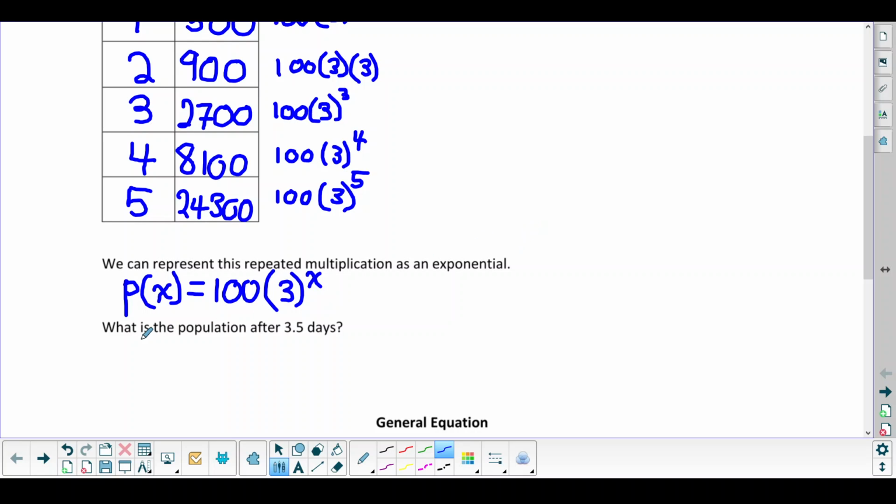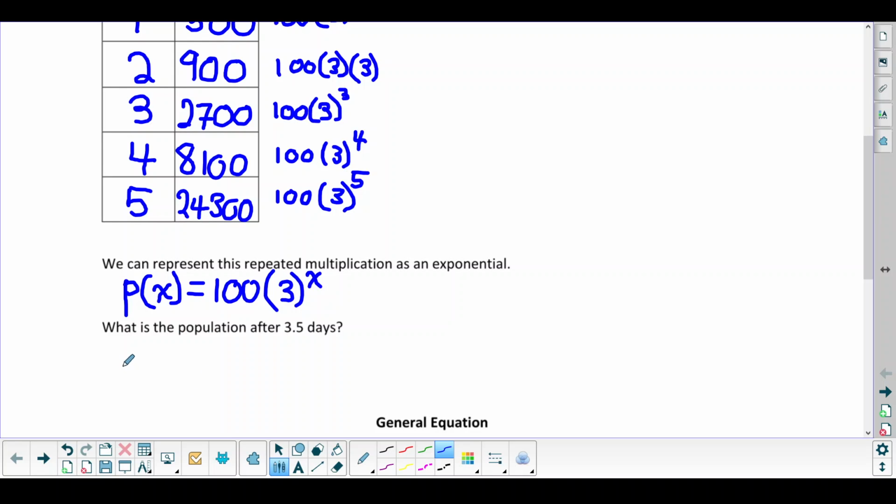As an example, what's the population after 3.5 days? Well, our table of values isn't going to tell us 3.5 days. How do we figure that out? What do you multiply to go from 3 to 3.5? You can't triple. Is it like double? Is it 1.5? Well, the exponential can tell us.